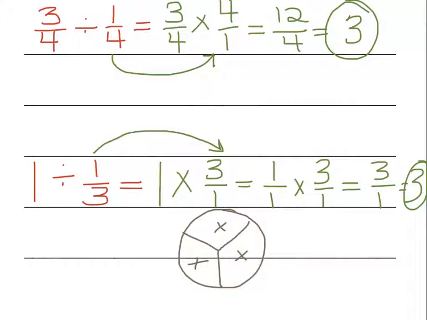So 1 divided by 1/3. So again, that flipping is called the reciprocal, and we'll talk about that and add some information about that in our notes. All I really need you to remember is the statement, and you're going to write it once more at the bottom of your notes.